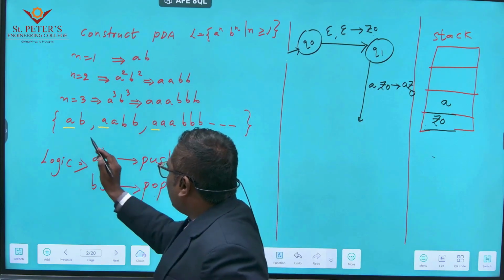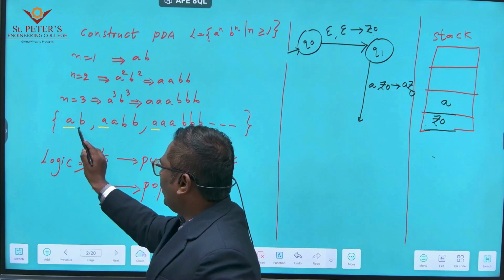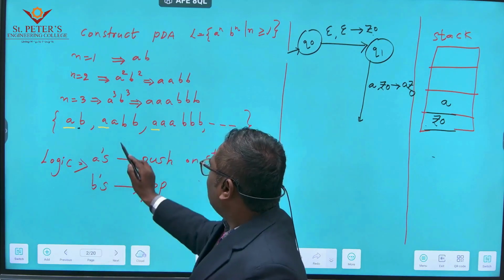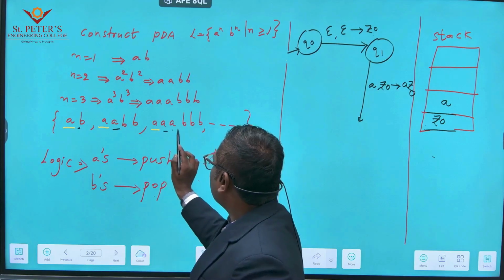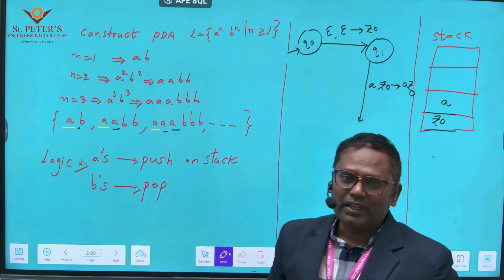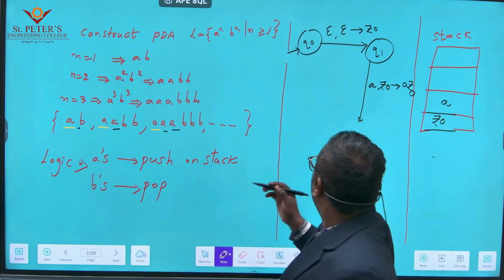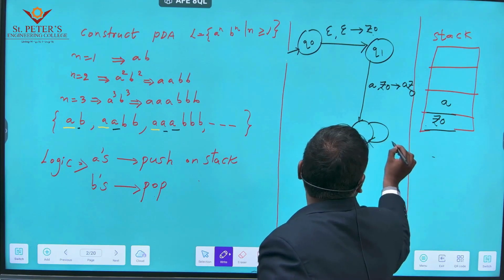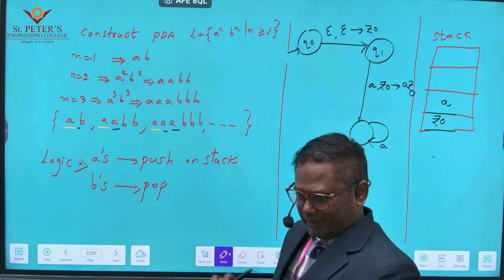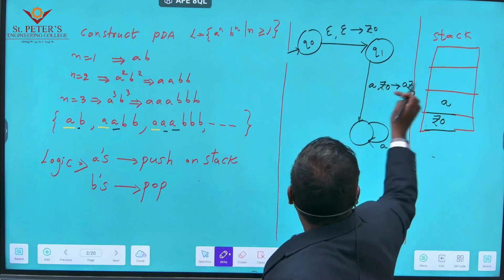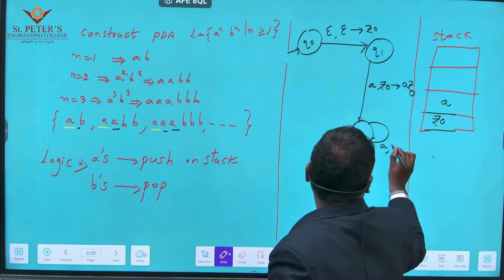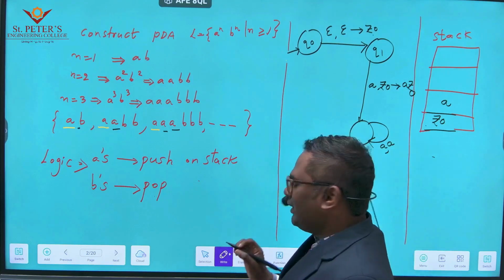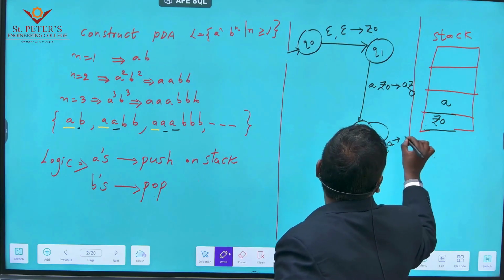If you are observing this logic, there can be 1 A, 2 A's, 3 A's, and so on and so forth. It means that here I can write a self loop. Let any number of A's be encountered. The top of stack value will be A, and I am going to push this A onto the top of stack.